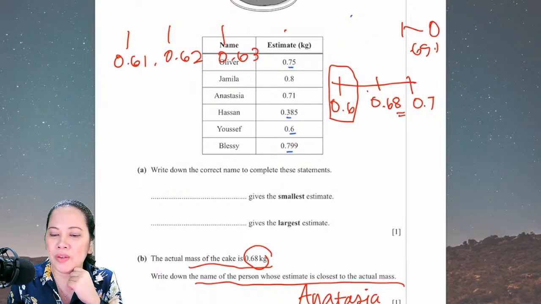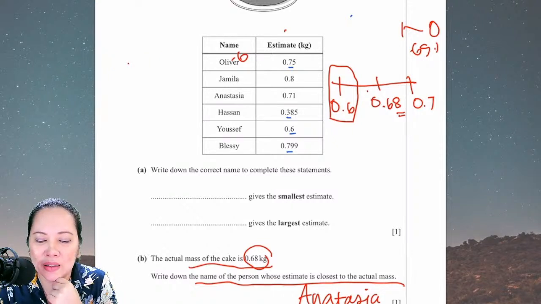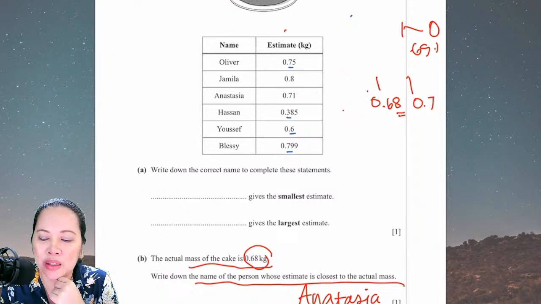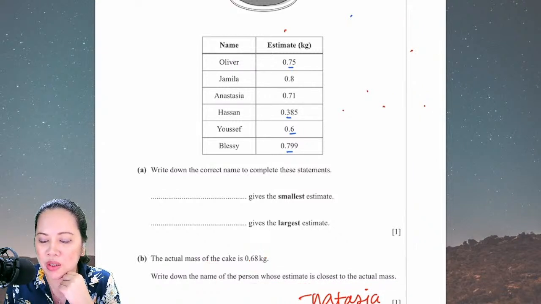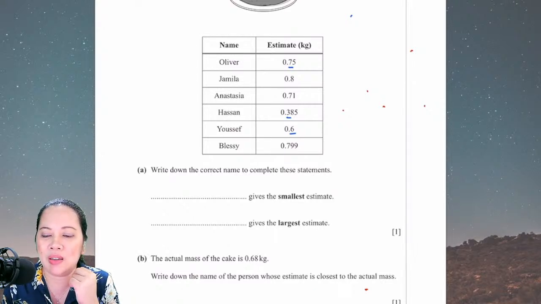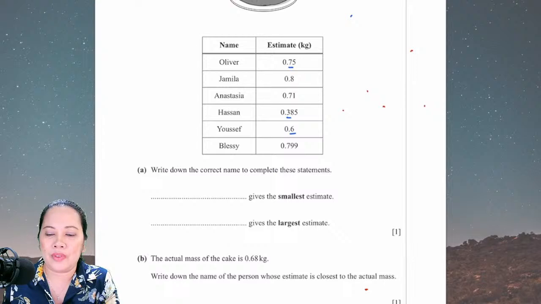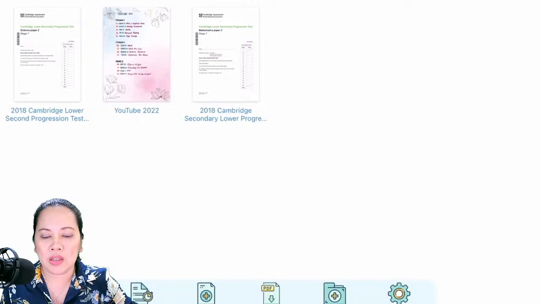Okay, let's erase this. Let's do science. We will continue the remaining questions in maths next week. We will do a few questions in science because we haven't done science for like ages. Right. Okay, let's do science.